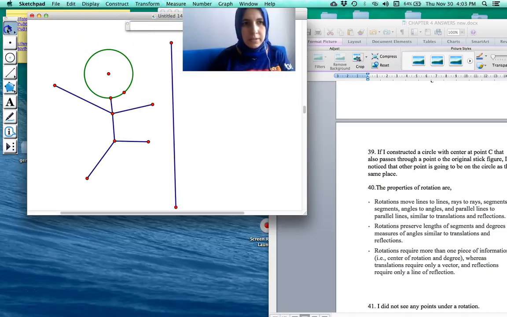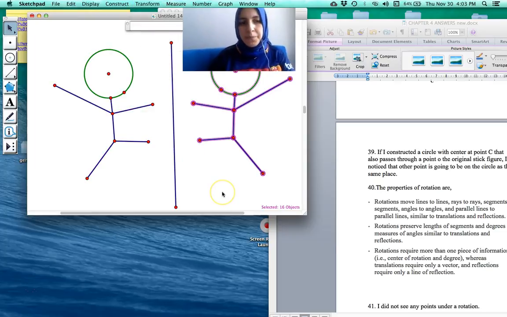Mark the mirror and then select all these points and then go to reflection. Reflect, yes. And I got the second one. The question says, what do you notice about the size and shape of the two stick figures? I noticed that the size and the shape of the two stick figures are totally the same.